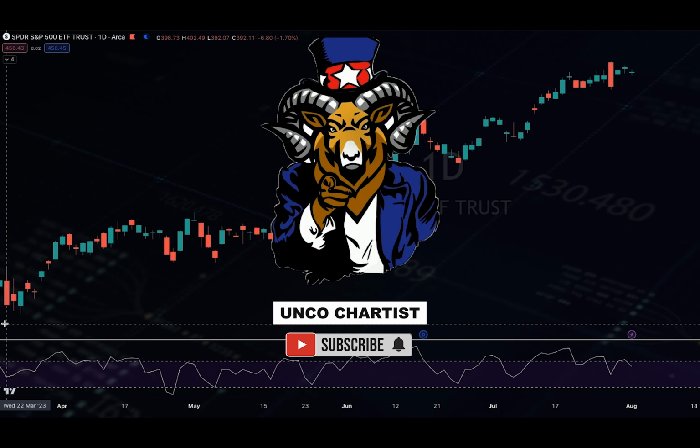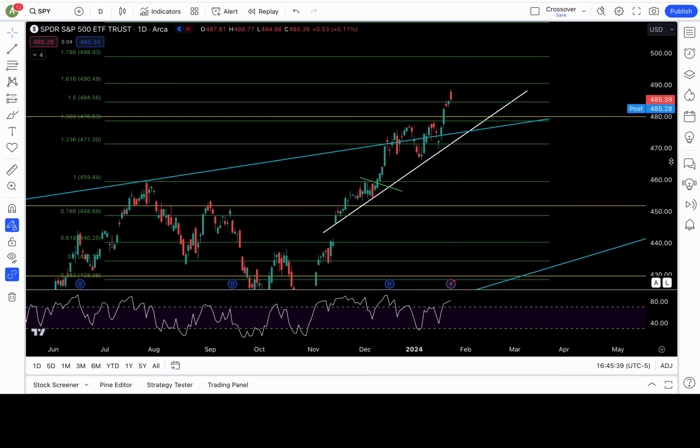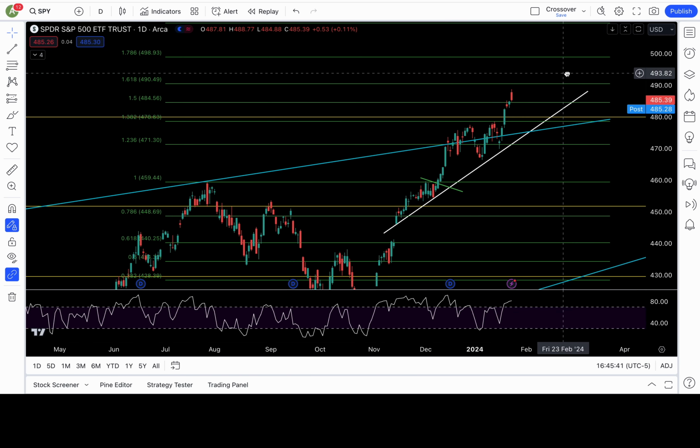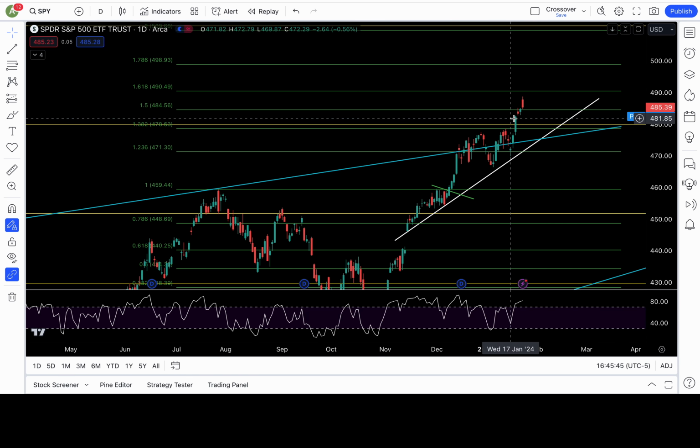So in my last video, I gave us a bull case scenario and a bear case scenario. It was our job to wait and watch and react. The bull case was a breakout of this 484.5 level, and for the bear case scenario, we were watching for a potential evening star pattern.